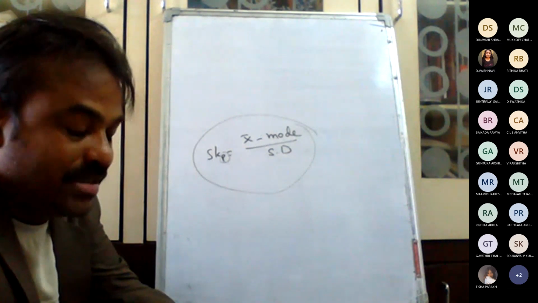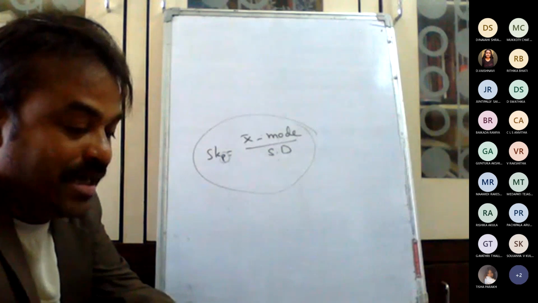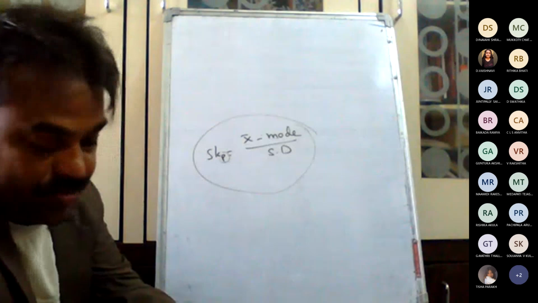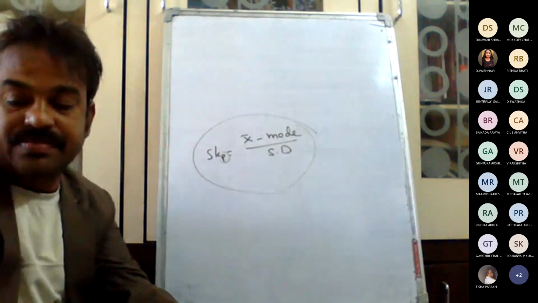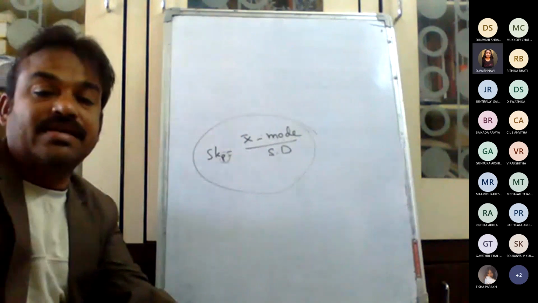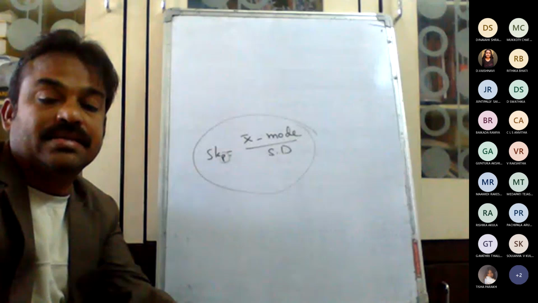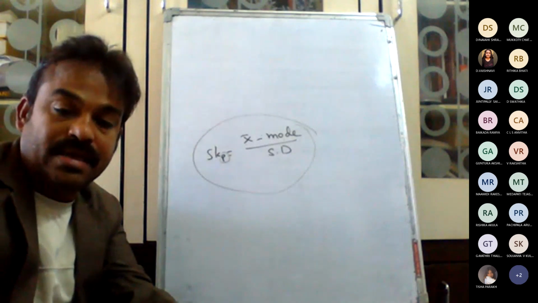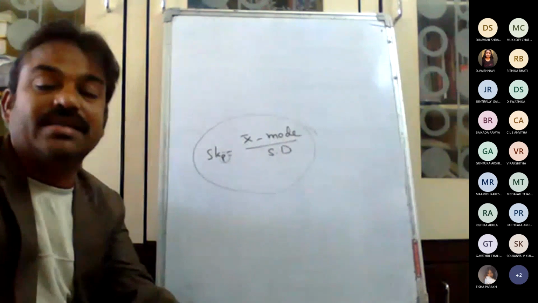Mode, if it is a group table, is the size of n plus 1 divided by 2. Correct? Otherwise, L plus F1 minus F0 divided by 2 F1 minus F0 minus F2.